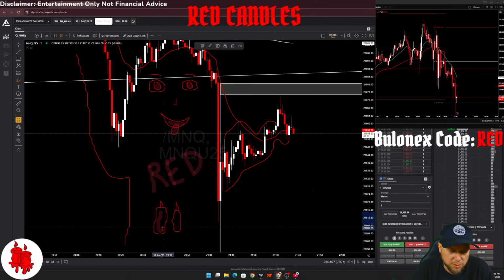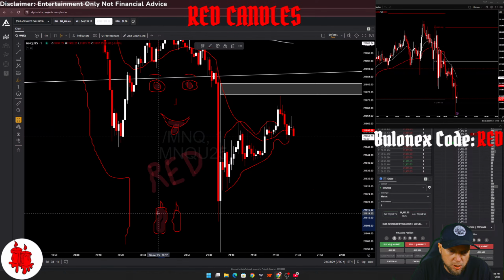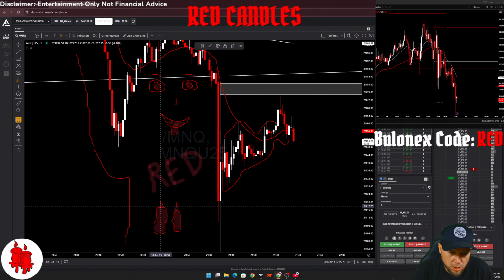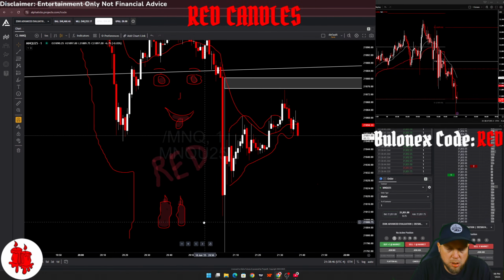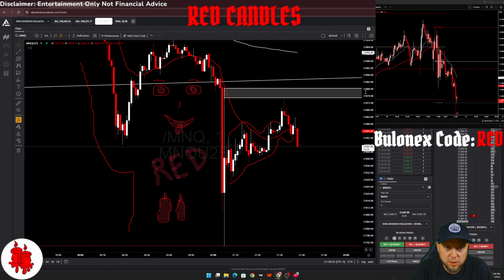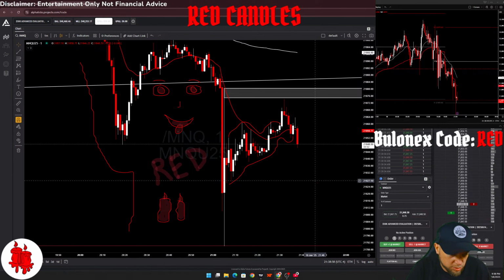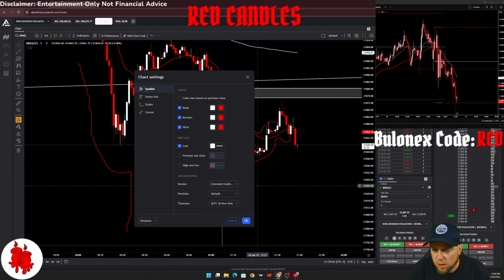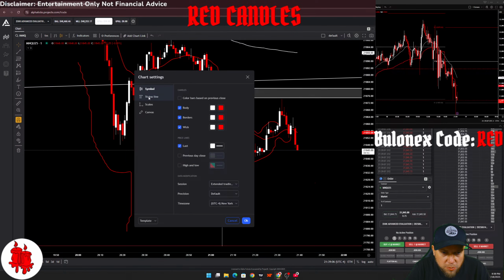I'll paint the candles up a little bit. There we go. We gotta take a picture of it. How do I get rid of that? How do we get rid of that watermark?